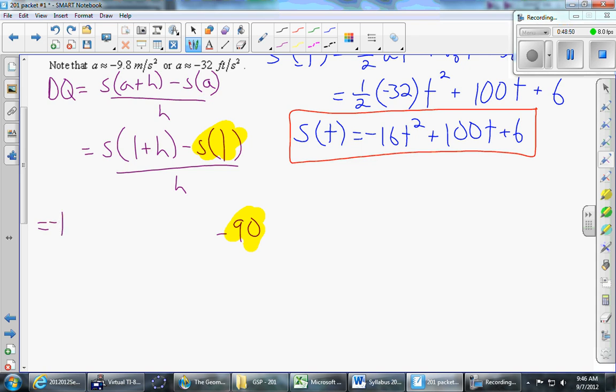So we're doing this. -16 times something squared. What's the something? It's 1 plus H. Plus 100 times something. 1 plus H. Plus 6.